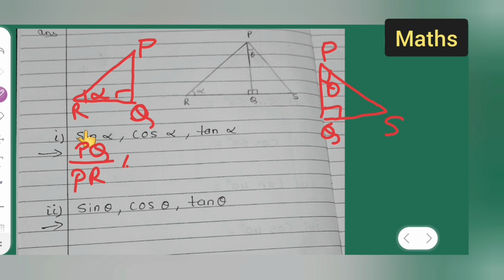You all can write it down, RQ upon PR, comma. Next will be tan alpha. Tan alpha was opposite upon adjacent, right? The opposite side is PQ, so write down PQ upon adjacent, which will be RQ, okay? So PQ upon RQ.